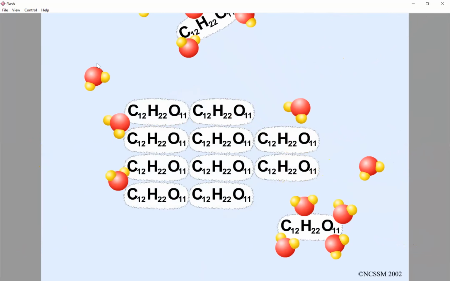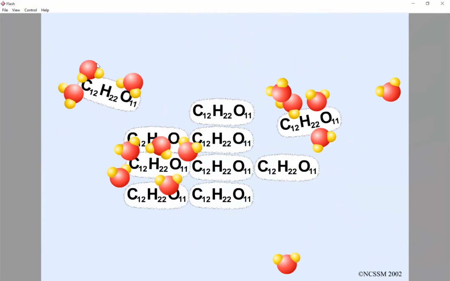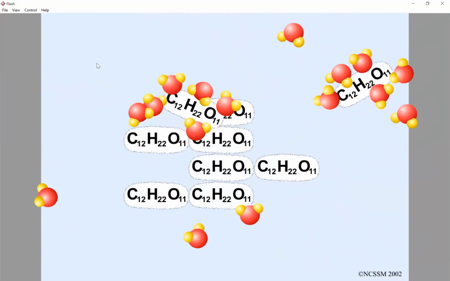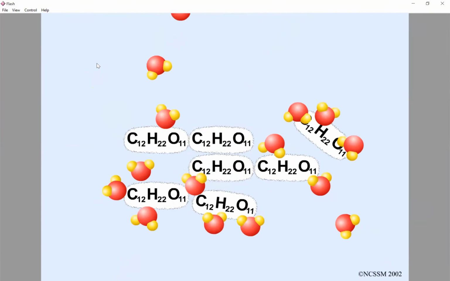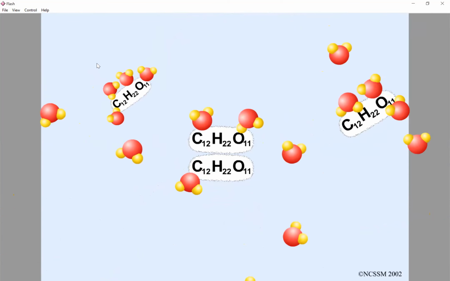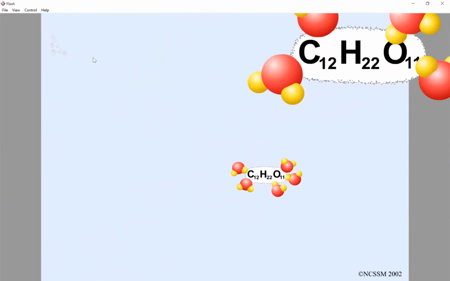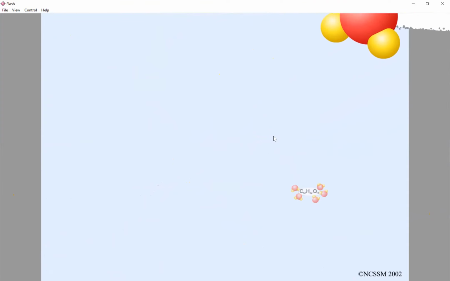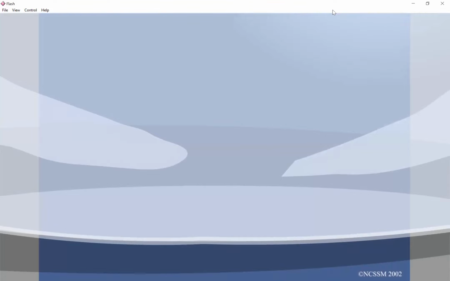And again, it is pulled apart. Now, in this particular case, notice in the simulation, the carbon, the hydrogen, and the oxygen stay together. But because it is now surrounded by water and floating freely in the water, this is why we have the change in phase from solid to AQ. Okay. Now, let me get back here.